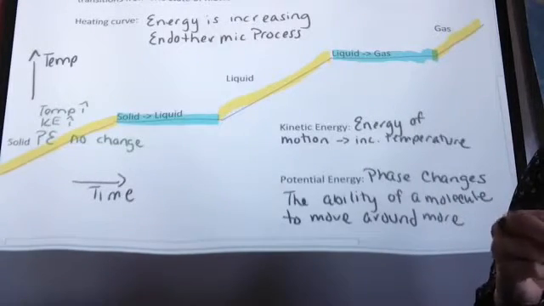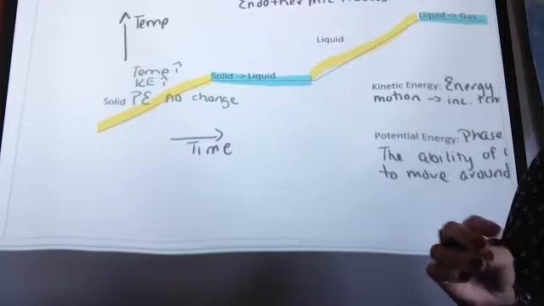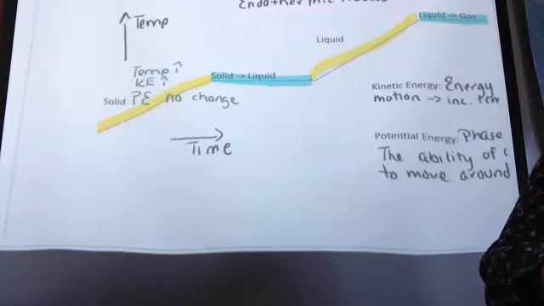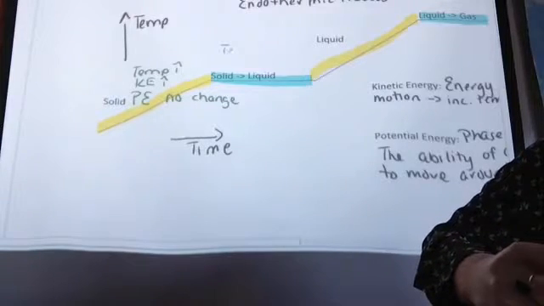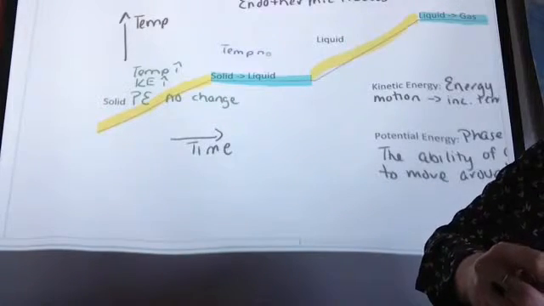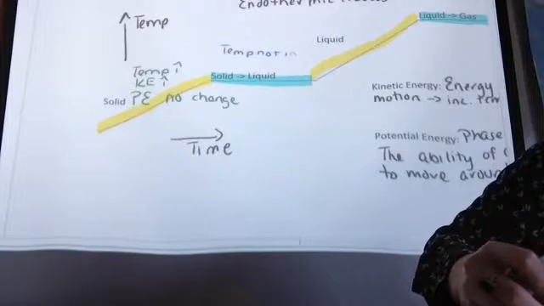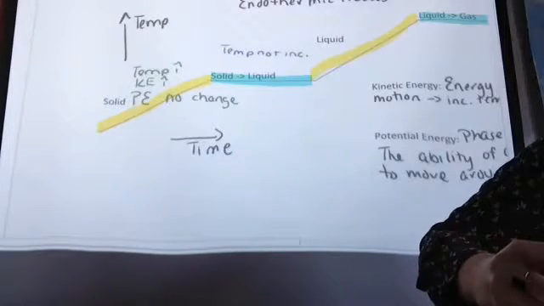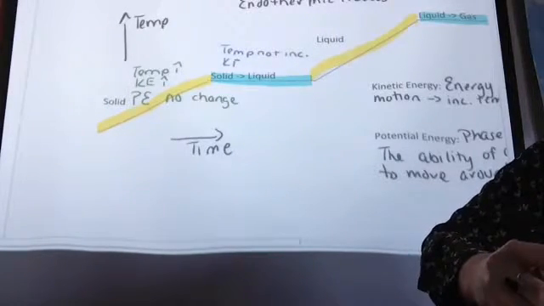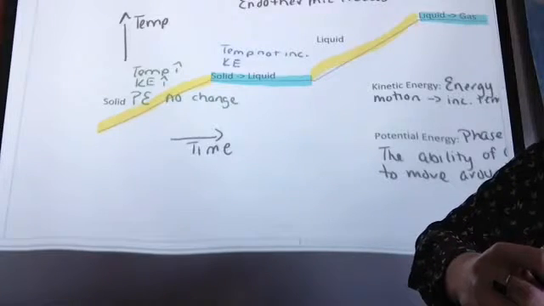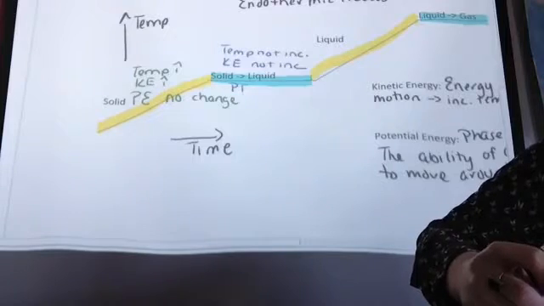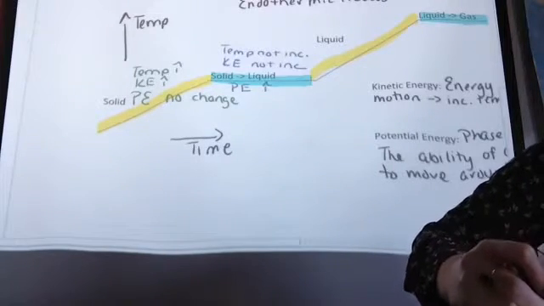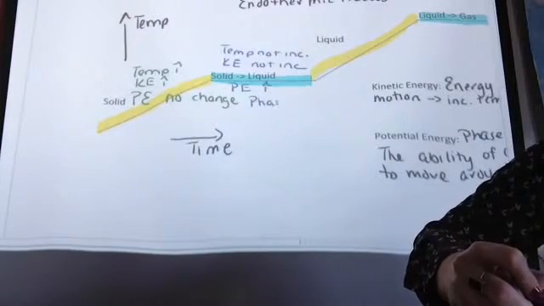When you have the blue areas, where it's changing phase, the temperature is not increasing, the kinetic energy isn't increasing either, but the potential energy is increasing because it's a phase change.